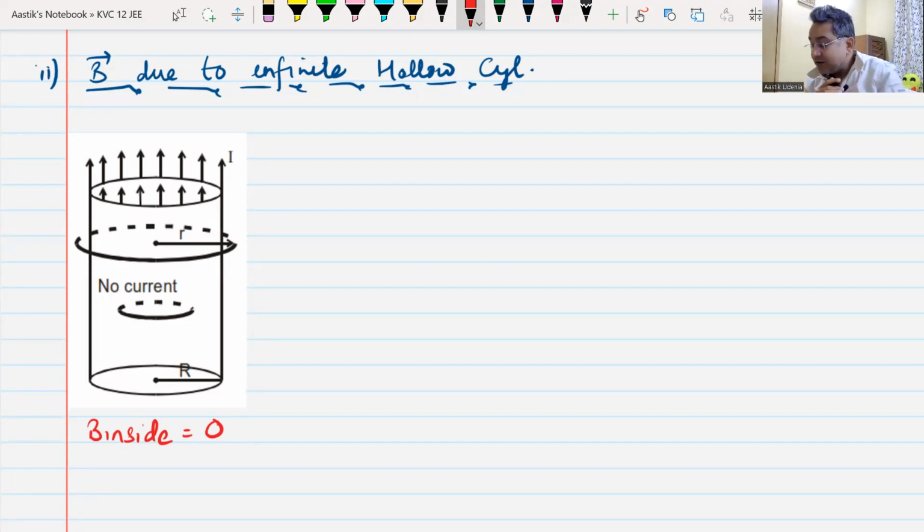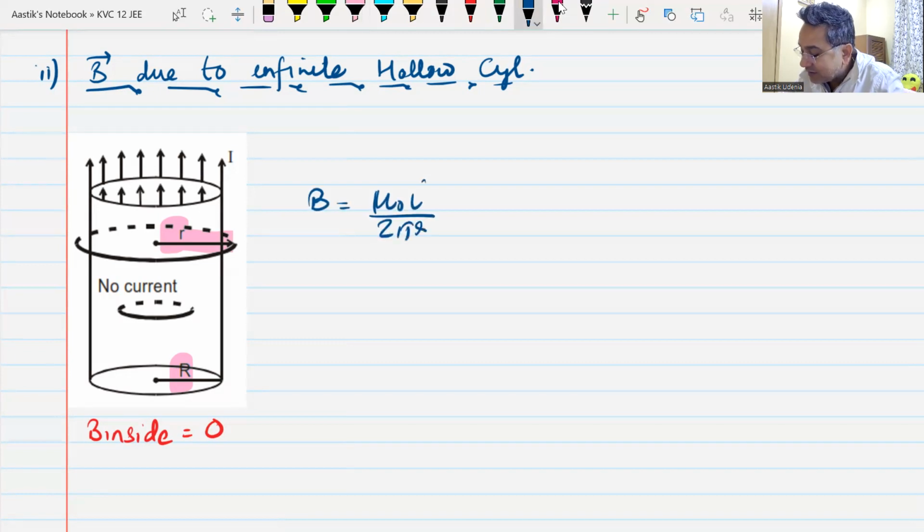For any point outside, remember the radius of this is capital R and the point is outside at a distance r. If you now create this Amperian loop, you will get the magnetic field outside as mu naught I by 2 pi r.